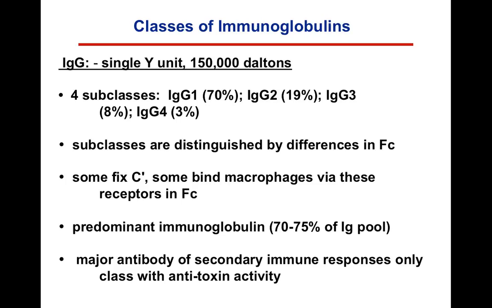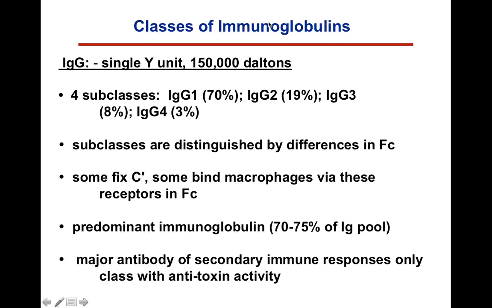The light chain is about 25 kilodaltons, and the heavy chain is about 50. So you combine those together and you get 150.